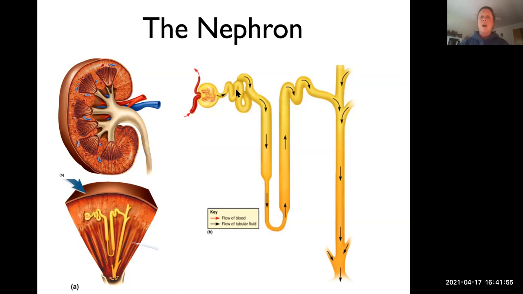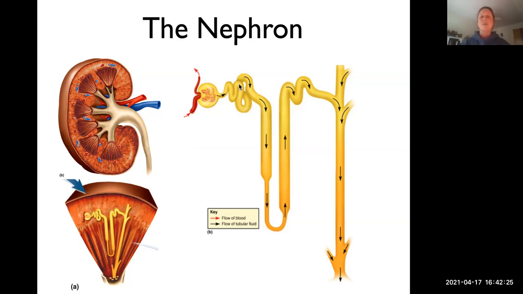And in the proximal convoluted tubule, the substances that have been filtered out and collected by the glomerular capsule begin to be sorted. So anything that's useful to the body, say like a molecule of glucose, will go through the proximal convoluted tubule, and the tubule will actually remove it from inside the tubule and put it out here in the interstitial space where it can be picked up by the blood supply again.